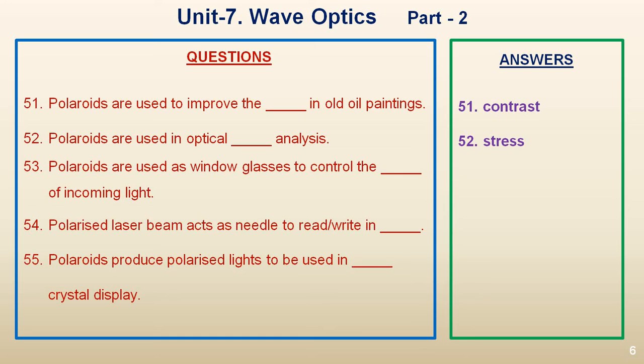Polaroids are used as window glasses to control the intensity of the incoming light. Question number 54. Polarized laser beam acts as a needle to read or write in compact discs. Question number 55. Polaroids produce polarized lights to be used in liquid crystal display, LCD.